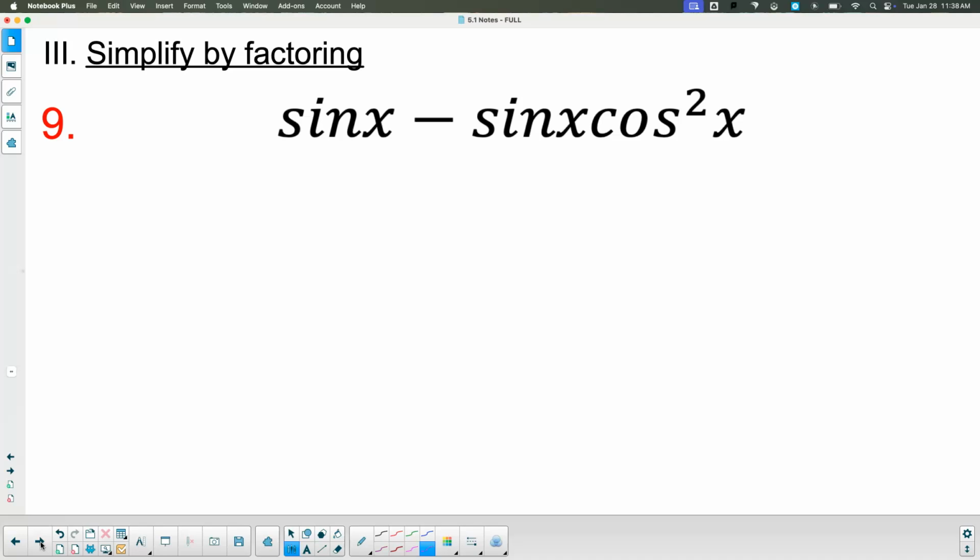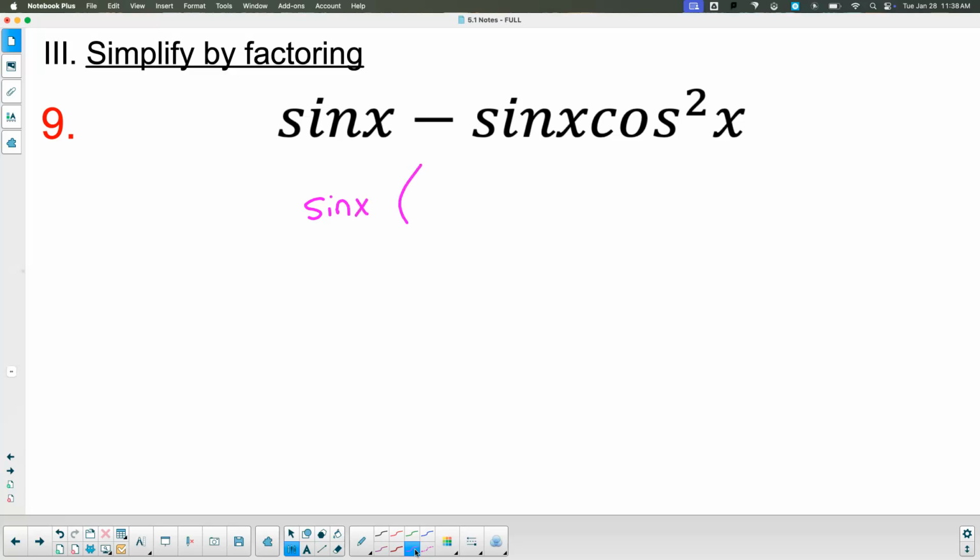Now, when we've got adding and subtracting in it, we can't just switch around everything. And we might have to factor. Can I factor something from this? Something that shows up in both terms. X is the angle, so I can't factor out an x. No. Sine x I can factor out, though, because sine shows up in both of them. So then this is going to become sine x out in front.